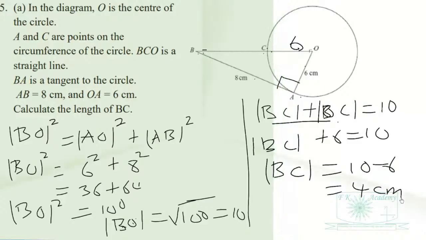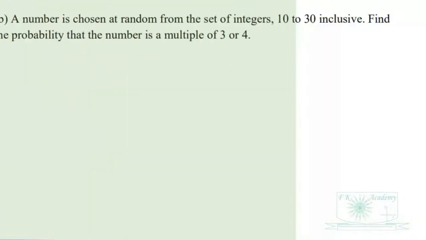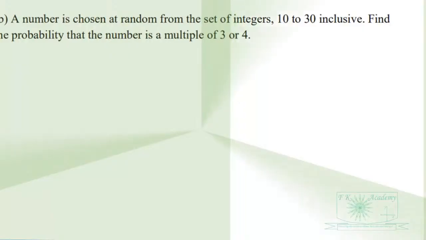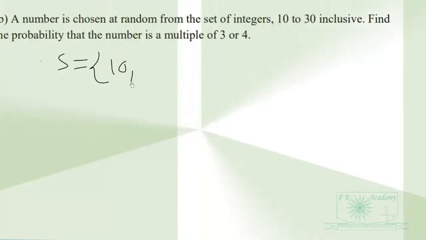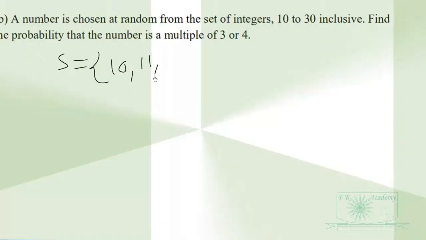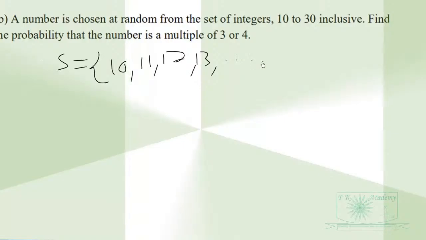Now let's look at question 5b. A number is chosen at random from the set of integers 10 to 31 inclusive. Find the probability that the number is a multiple of 3 or 4. So the sample space will be S equals 10, 11, 12, 13, up to 30.